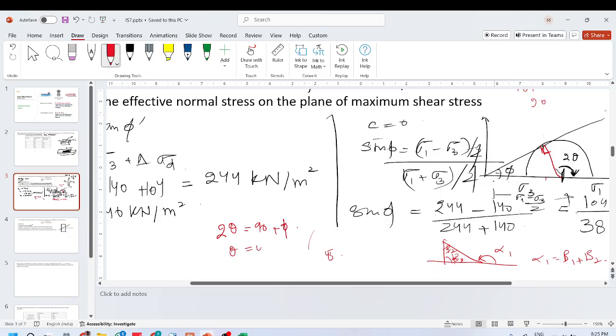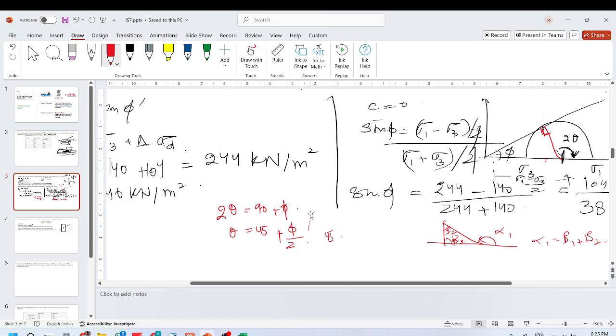So theta equals 45 plus phi by 2, which will be 45 plus 7.5, which will be 52.5 degree.